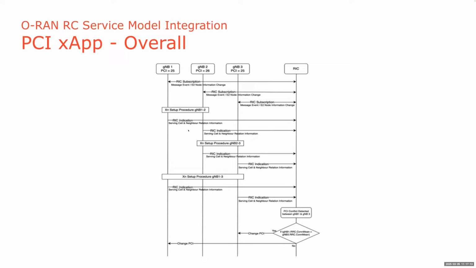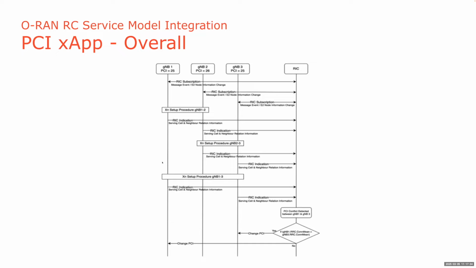And next time, the access setup procedure happens again between gNode B2 and 3. In this case, those gNode Bs send out the indication message to the RIC so that the RIC can understand gNode B2's neighbor is gNode B3 and gNode B3's neighbor is gNode B2, right? So that is the current procedure.